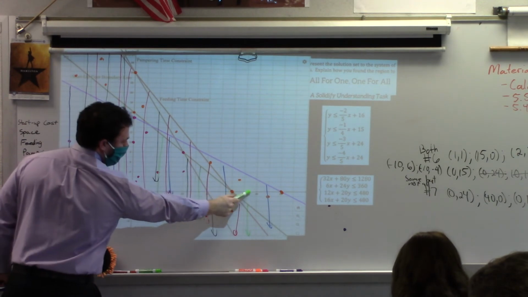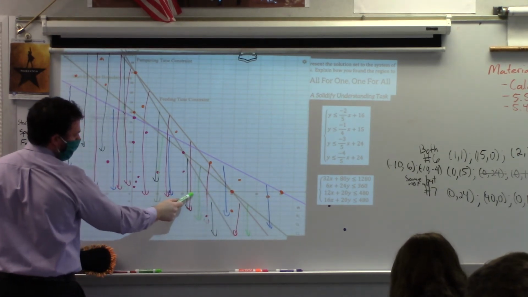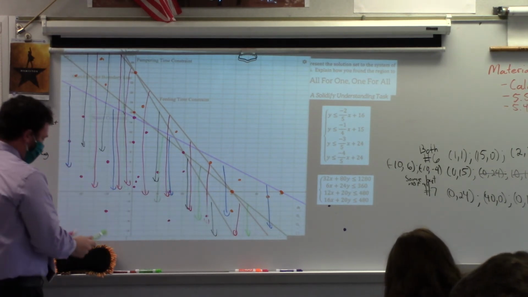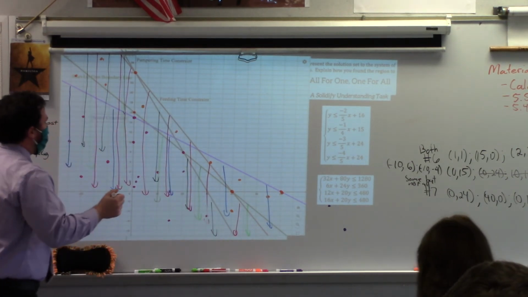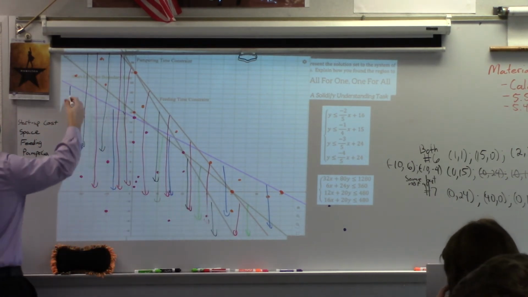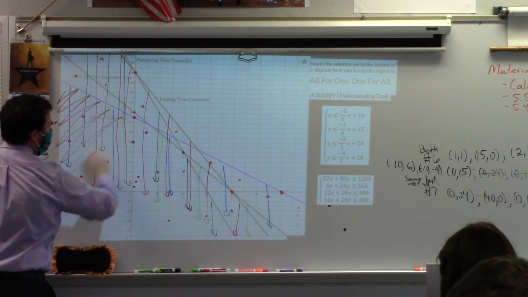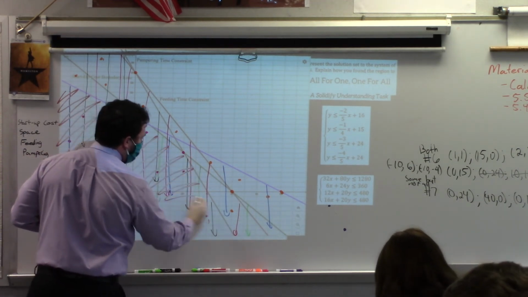No. Here? Yes. I got green, red, black, blue. Got all of them through here, right? So notice that's, again, below all the boundary lines. So that's where all my pink points are, and this is the region I would heavily shade to make sure it's clear, hey, these are my solutions.